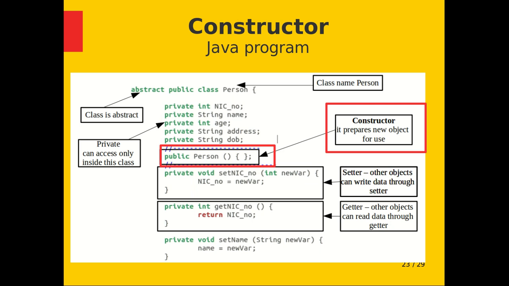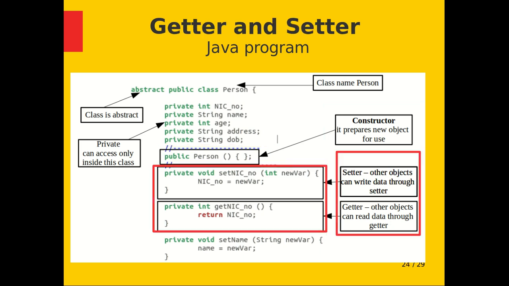Constructor. Other classes can create new objects by the constructor. Setter and getter. Setter: other objects can write data to the relevant private attributes in the class.